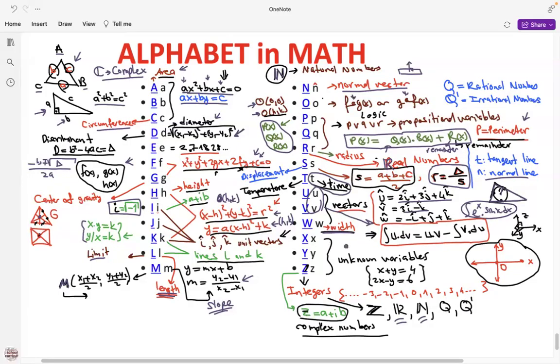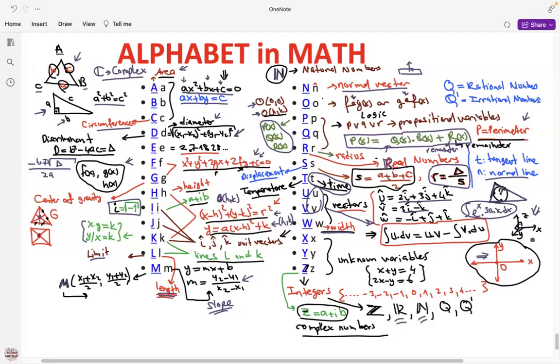As for X, Y, Z, they are the well-known unknowns. When we study mathematics, definitely we study X and Y as unknown variables. Z also sometimes we use if three unknowns and three equations are there. X and Y we use for the two-dimensional coordinate plane, and X, Y, Z we use for three-dimensional space.